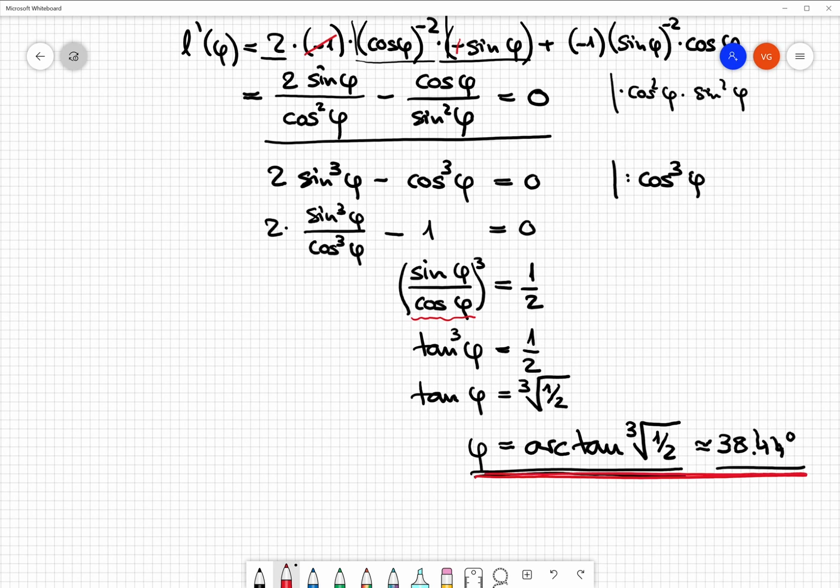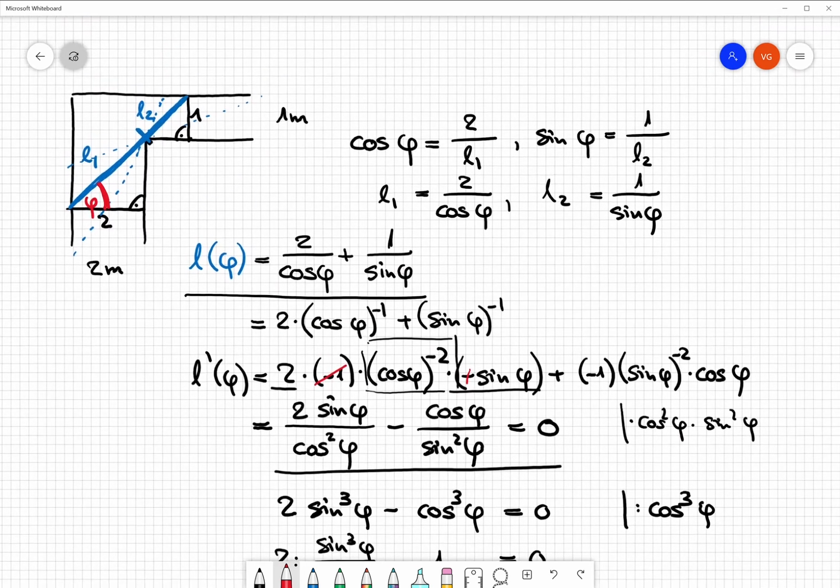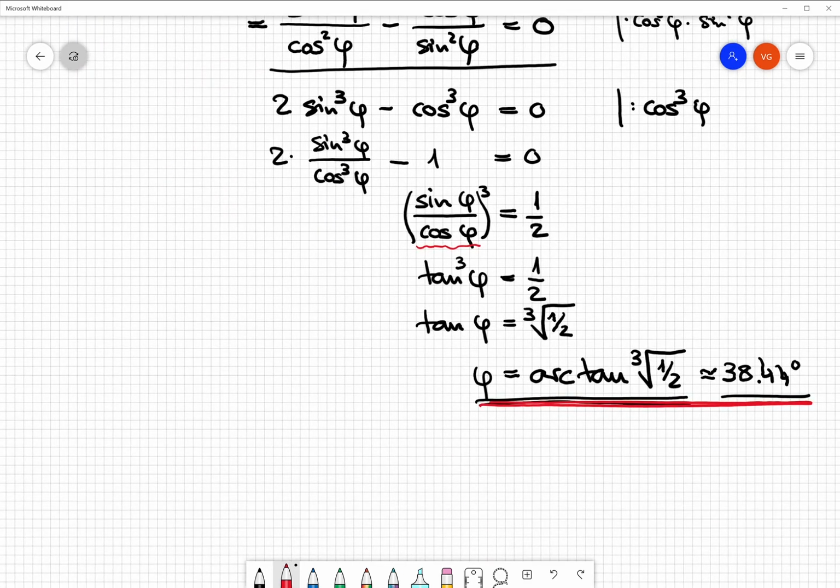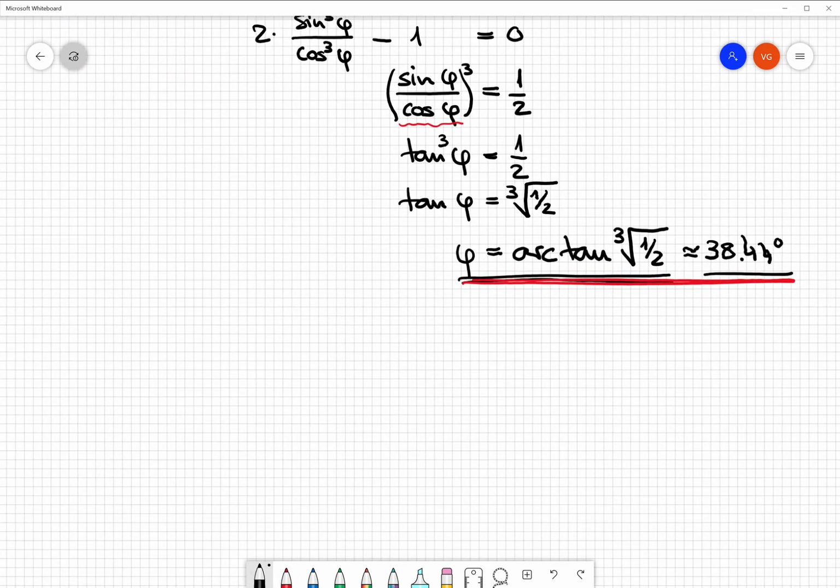What we are actually interested in, of course, is the length of the longest ladder that fits around this corner with corridors 1 and 2 meters wide. So let's just plug this in. 2 over cosine phi plus 1 over sine phi.